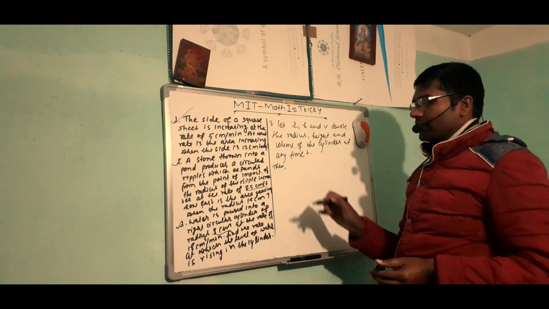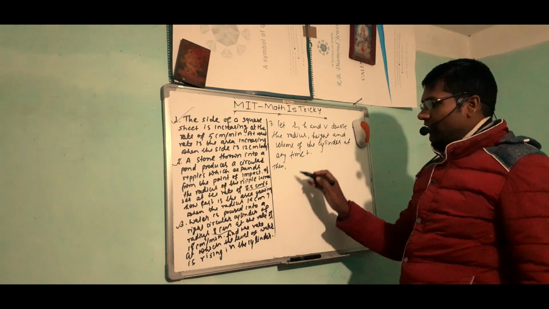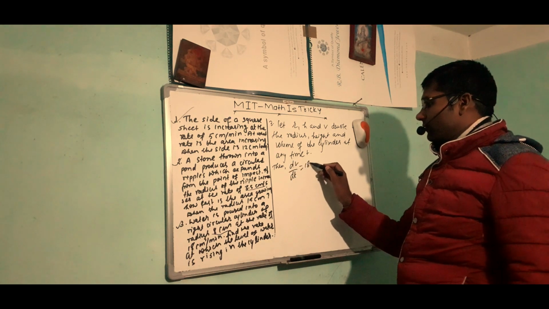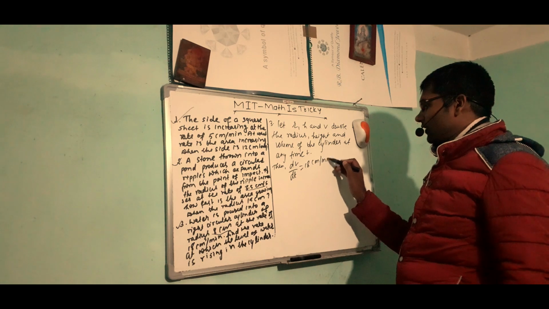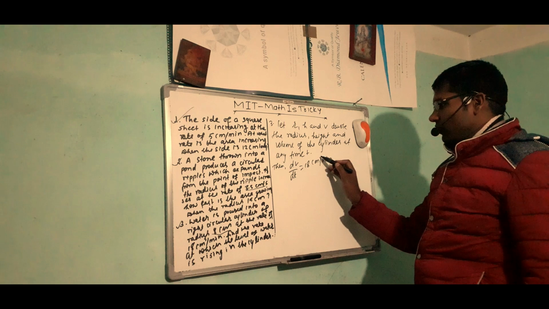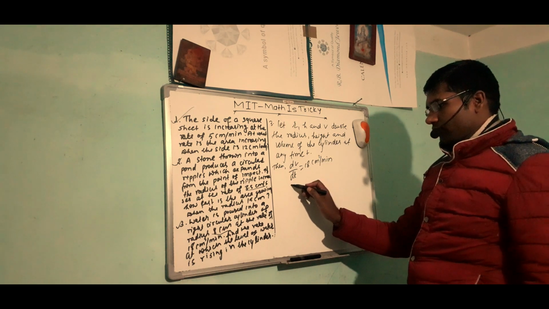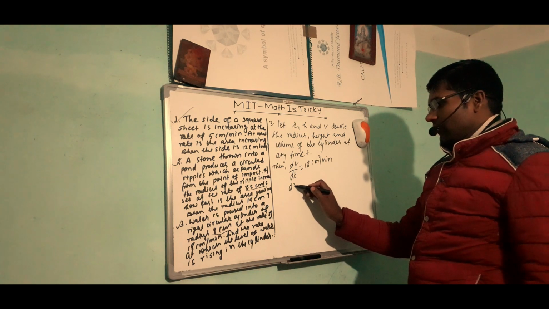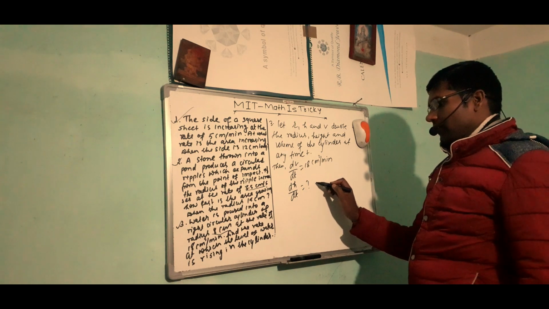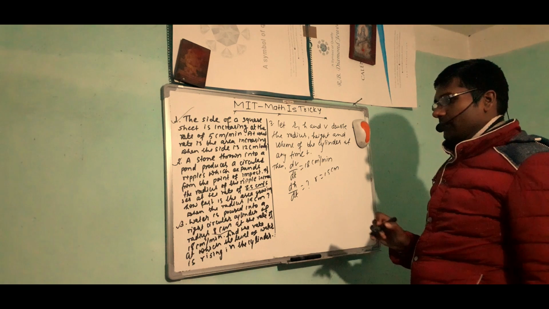Then we can write here dv by dt is given as 18 cm cube per minute. Okay, the volume is being changed at the rate of 18 cm cube per minute, and then we also have to find dh by dt equals what, and the radius is given r equals 15 cm.